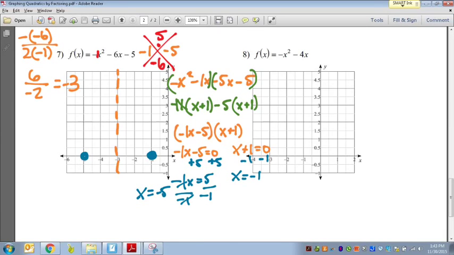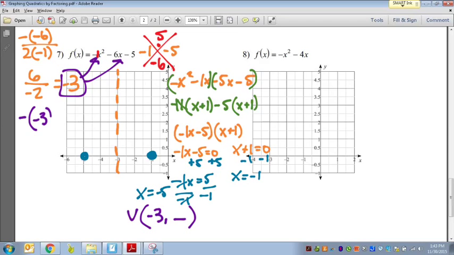All right, and not only is the axis of symmetry in the middle of my graph, so is the vertex, which means I'm going to plug in negative 3 for x in both spots. For my vertex, the x part is negative 3, but now we need to find the y part. So I'm going to have negative 3 squared.